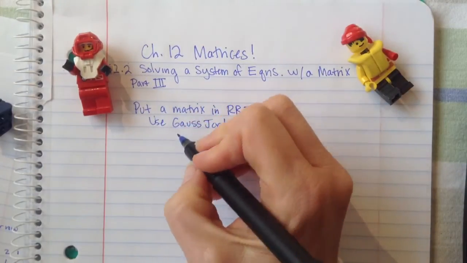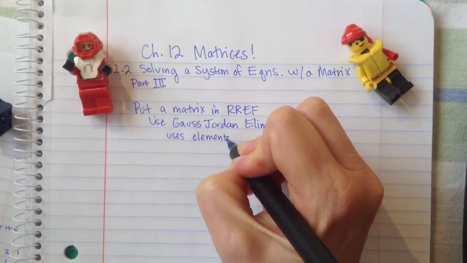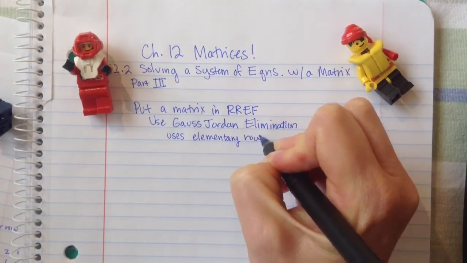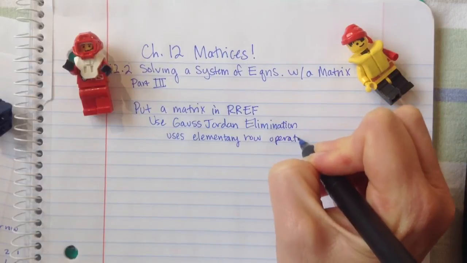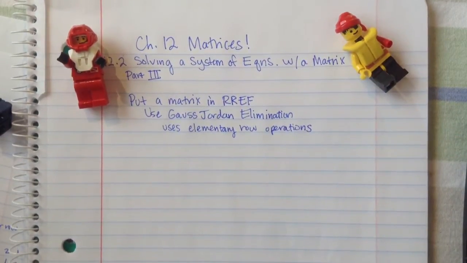And all this does is use elementary row operations. When you do an elementary row operation, you create a matrix that's equivalent to your matrix. So they're equivalent, but they look different.